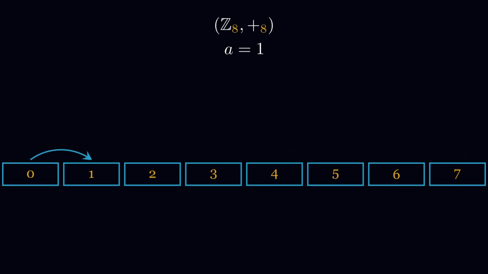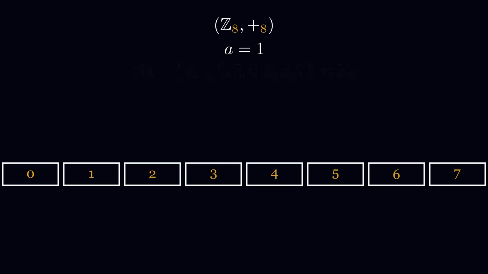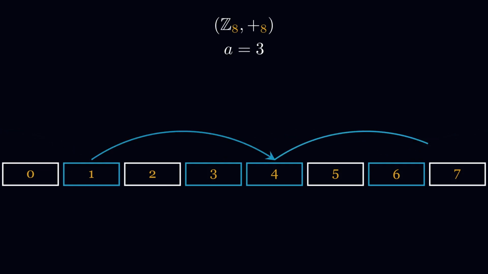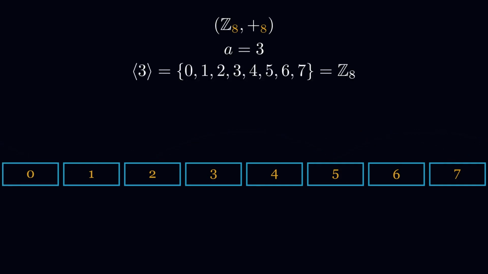Or, in other words, the entirety of Z8. Therefore, 1 is a generator of Z8. Now, let's consider 3. We have 3, 6, 1, 4, 7, 2, 5, and 0. It means all numbers from 0 to 7, so 3 generates Z8. As you can see, there's no obvious answer to the question of which number is a generator.